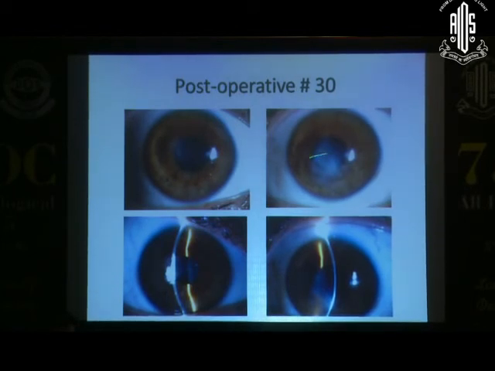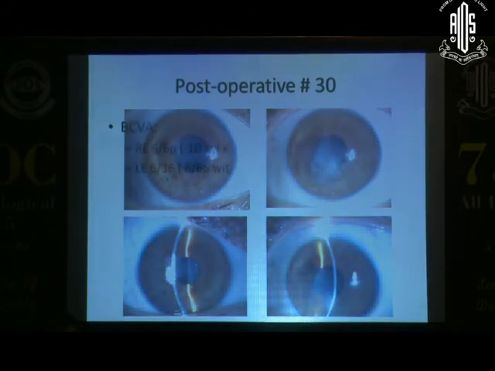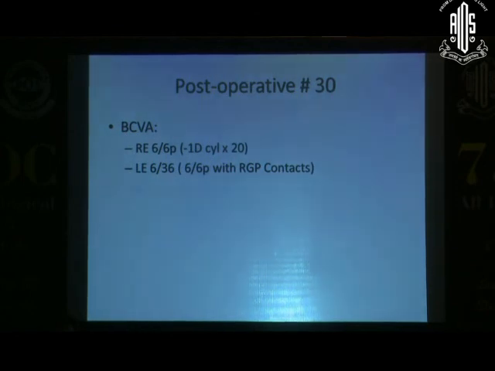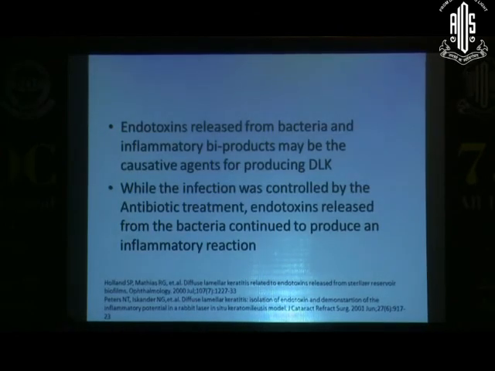This of course had a scar, and with an RGP contact lens on the left, the patient had decent vision. Especially if they're gram-negative organisms, they secrete endotoxins, and that can cause an inflammatory reaction under the flap, causing a DLK picture. So what we were dealing with was an inflammatory pathology and not an infective pathology when the patient had the second spike of inflammation.